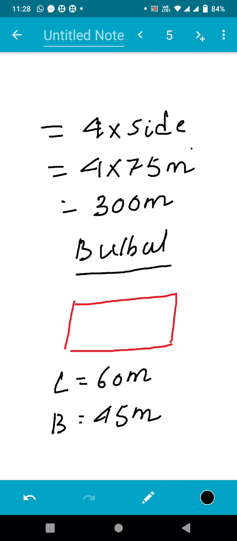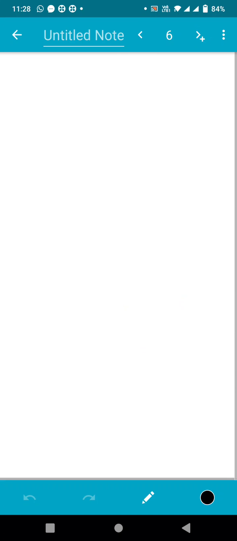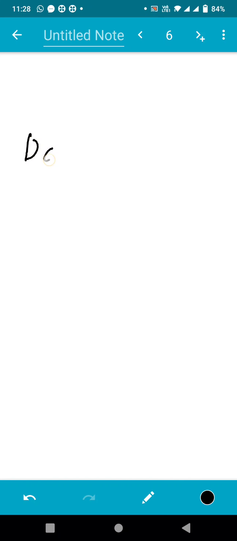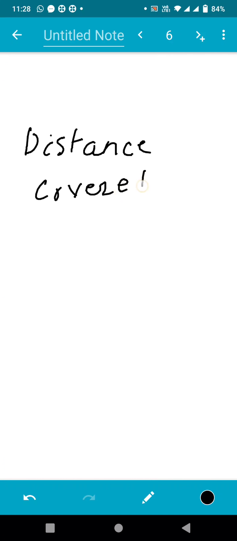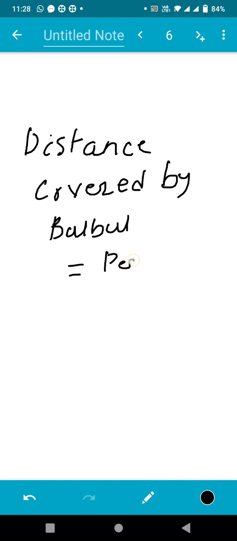So Bulbul is running along the boundary of the rectangular park. Now let's see what is the distance covered by Bulbul. The distance covered by Bulbul would be equal to the perimeter of a rectangle.